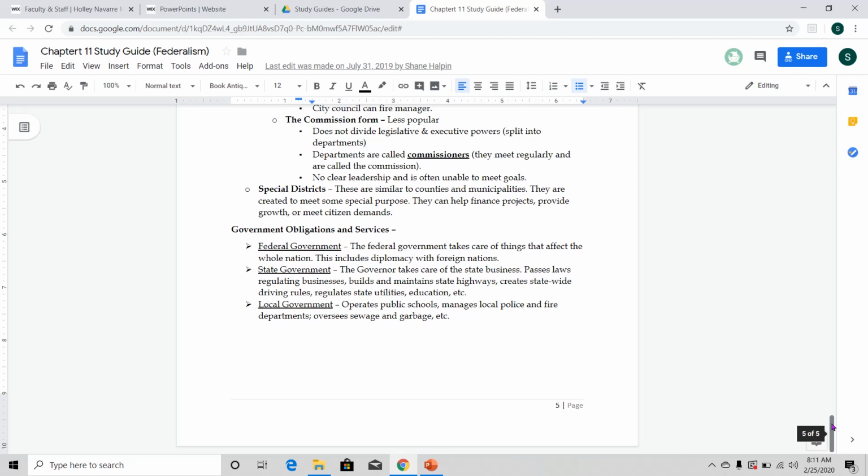They would be told specifically which days they're allowed to water. So special districts are basically created to help pay for certain issues that come up, whether it's mosquito eradication or what have you. Exactly right.